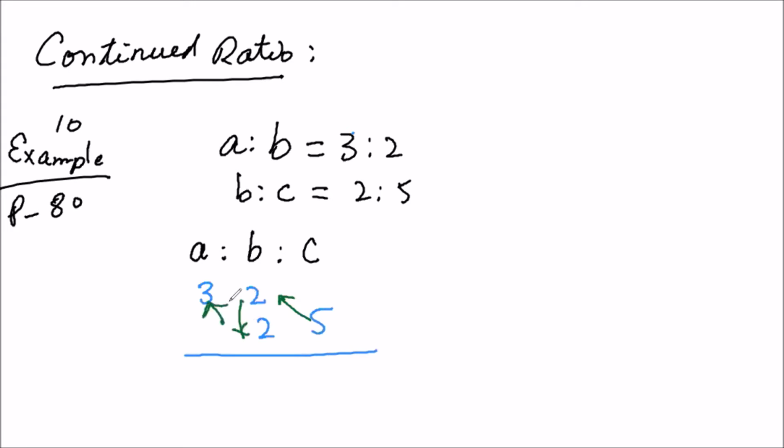All are right. So it means that you multiply 5 with 2, it will become 10, 2 with 2, it will become 4, and 3 with 2, it will become 6.